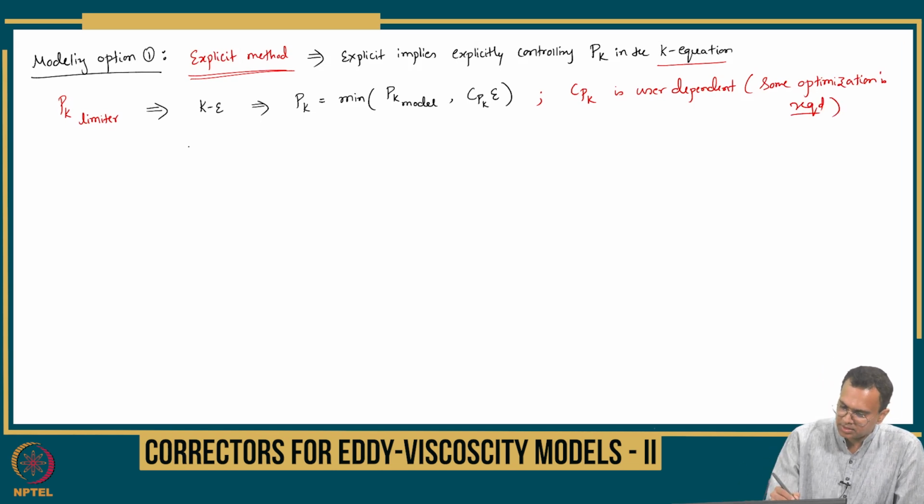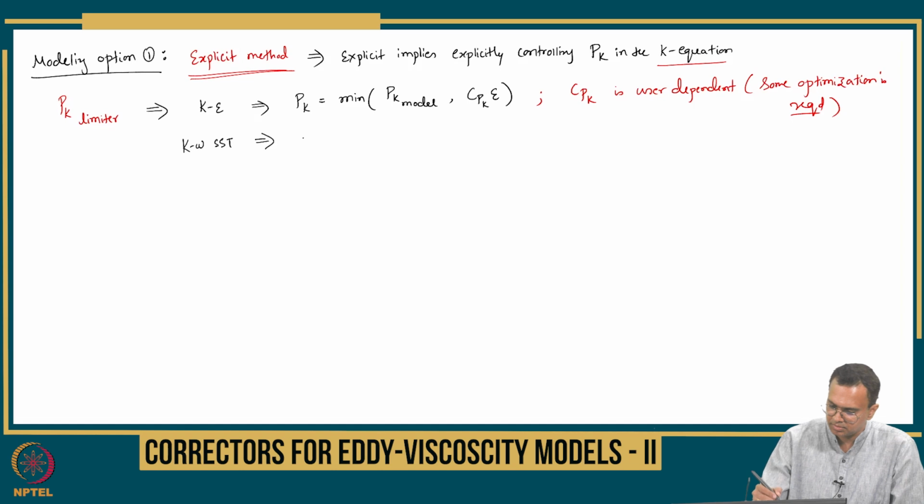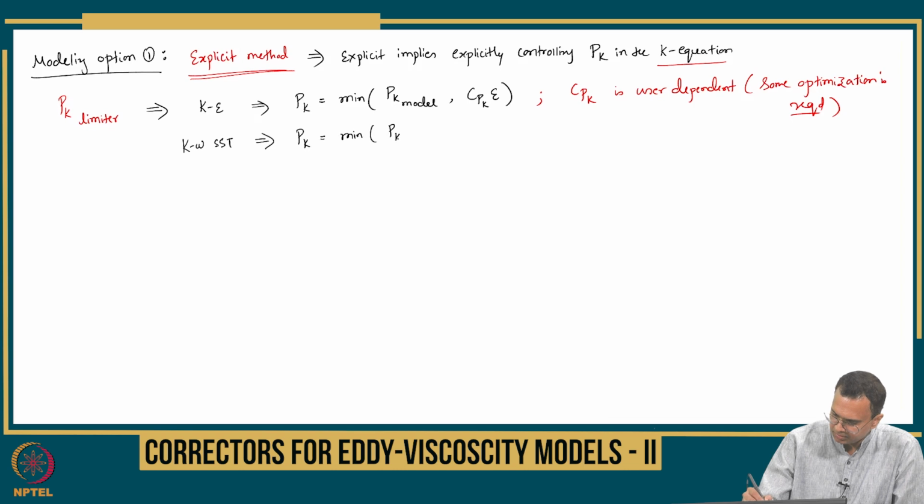In a k omega SST model, Menter suggested a limiter for it, which is pk equal to minimum of, again the pk model value, or you take 10 times the beta star k omega value.